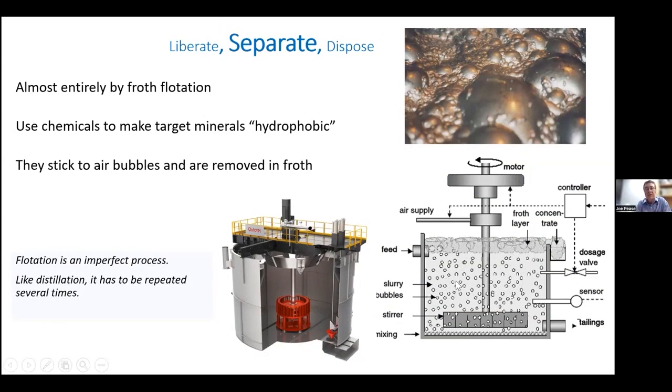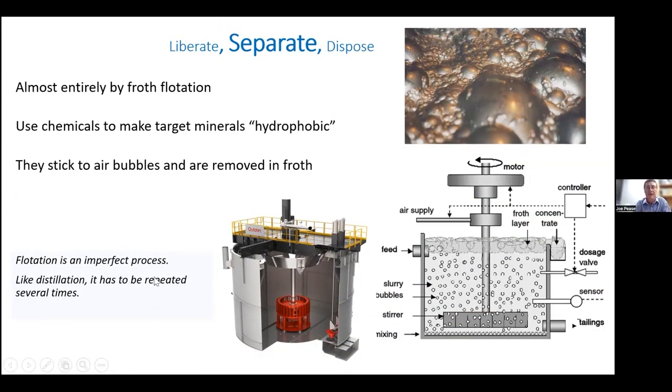If we blow air bubbles through the slurry, the hydrophobic particles, the copper minerals that we're after, attach to the bubbles, rise to the surface and are removed from the froth. So the froth is our concentrate, and the tailings, what doesn't attach to bubbles, is the waste, the tailings.